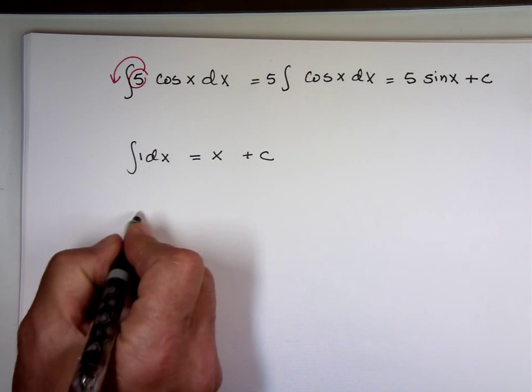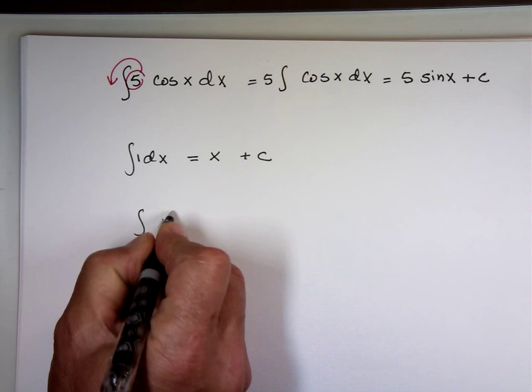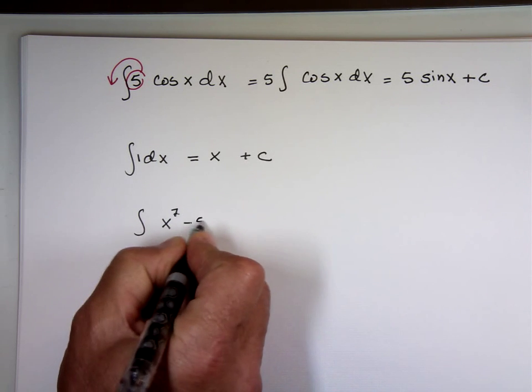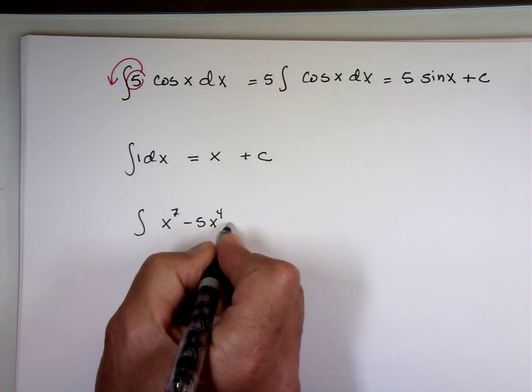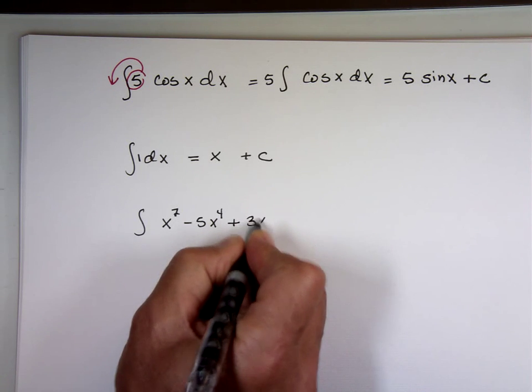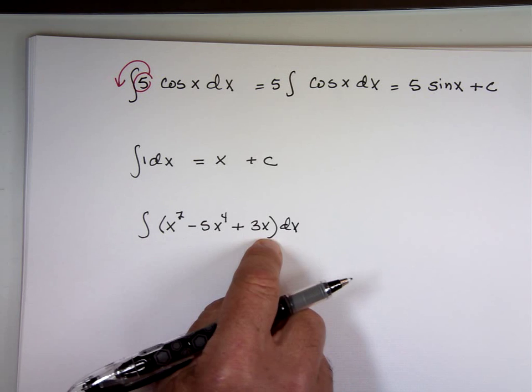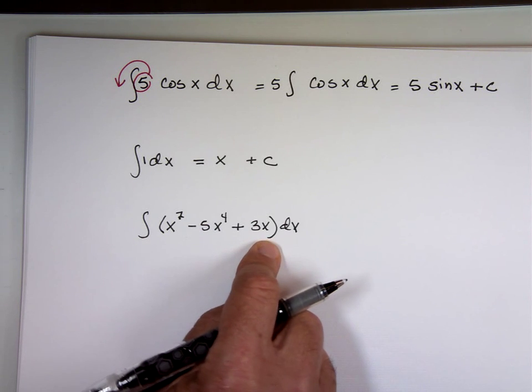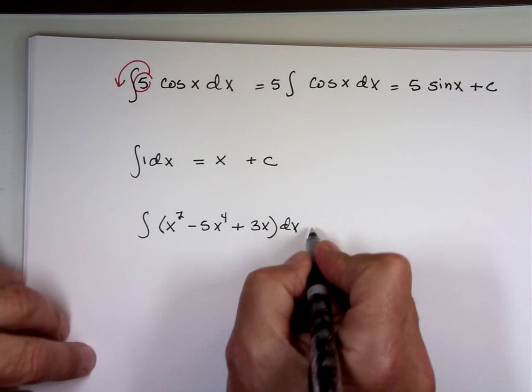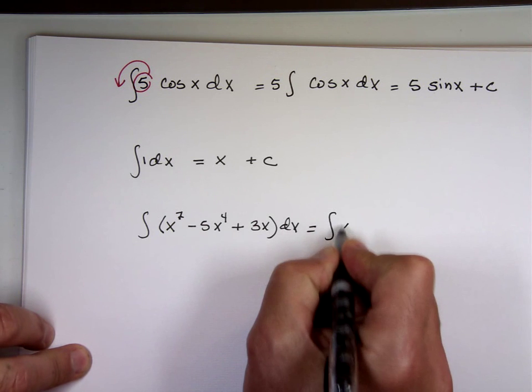Okay, what about if you have this one? X to the 7th minus 5x to the 4th plus 3x. What function has this for a derivative? I can break it down just like the derivative. Let's break it down to each piece.